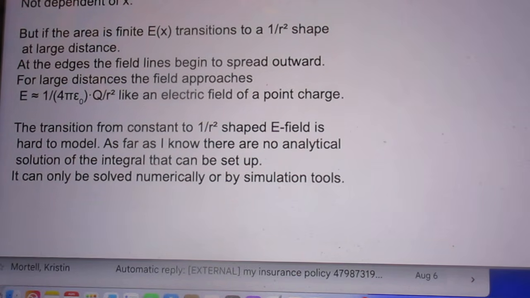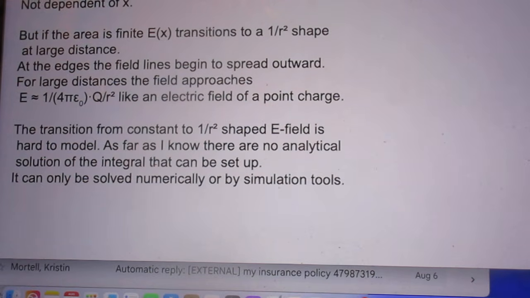The edges, the field lines, begin to spread outwards. For large distances, the field approaches, and then it gives that value for E. So it's like an electric field of a point charge.